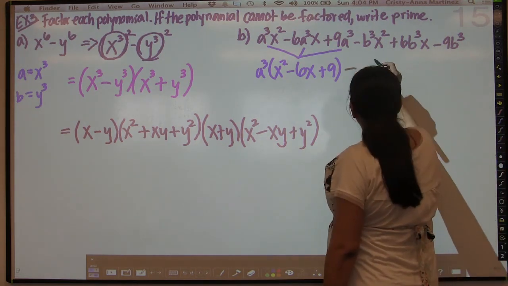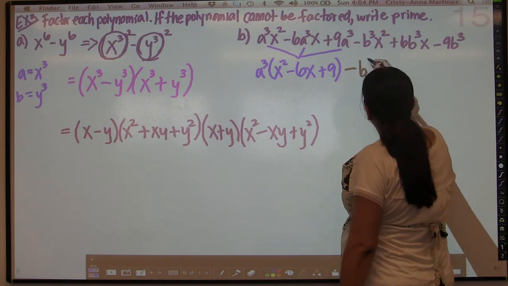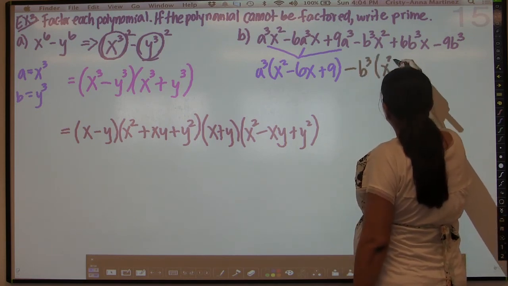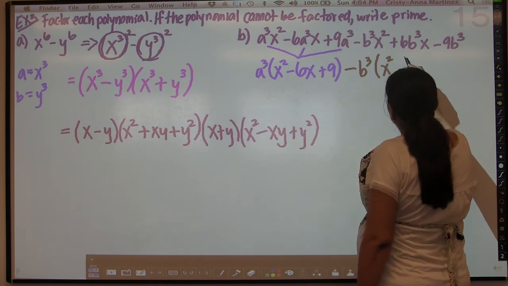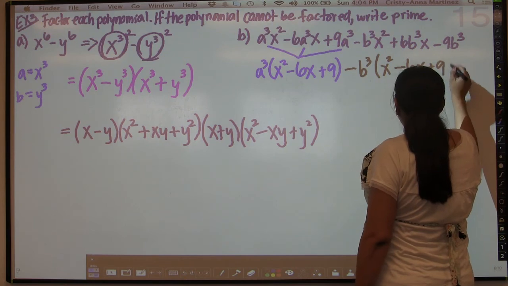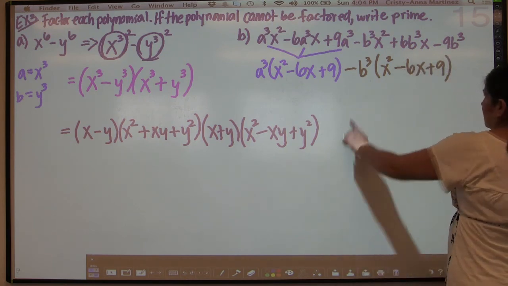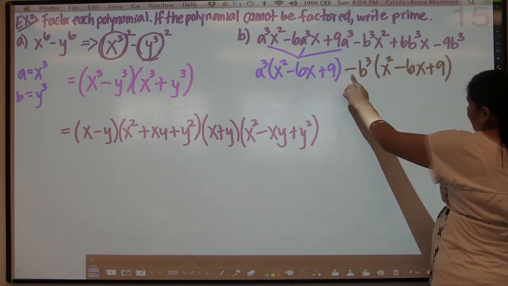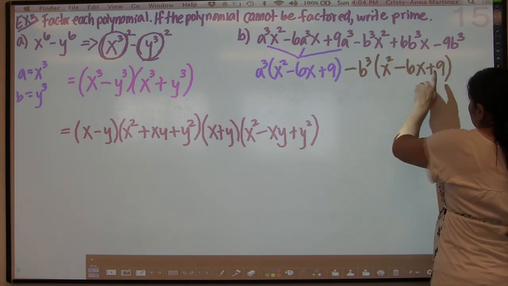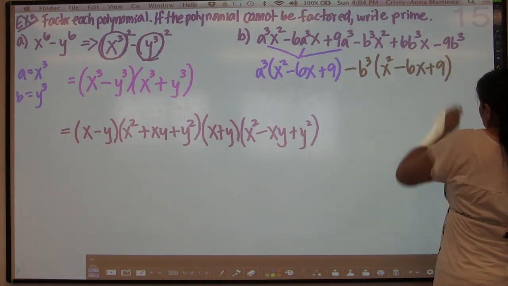And then over here, they all have B cubed. So I factor out the B cubed and get x squared minus 6x. And again, be very careful with your negatives. Because this is a minus B cubed, then this needs to be negative, negative to make a positive 6, and negative, positive to make a negative 9.